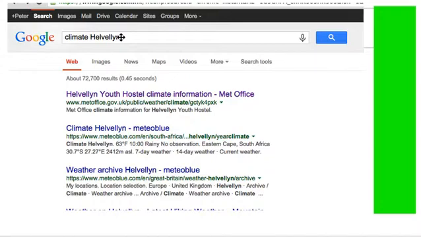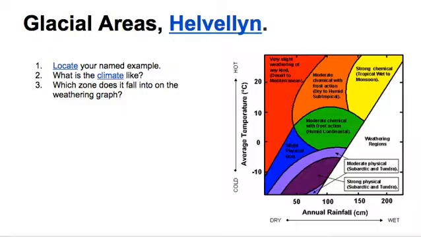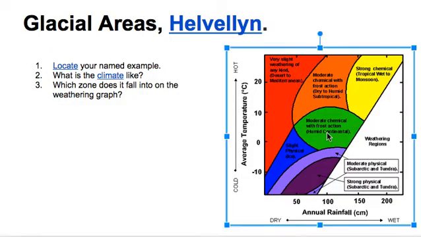When you do this, you will see that sometimes you cannot locate your feature. You might need to look for the nearest large city. Nevertheless, I know that this area, from the climate diagram, the average temperature and the average rainfall, is in the green zone. So I can locate my feature on the green zone.